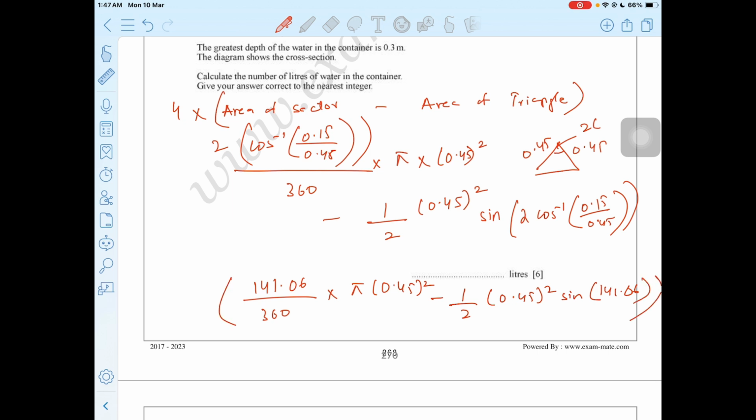This is eventually multiplied by 4. So we get our answer as, what would be our answer? Our answer would be 742, right? So this will be our answer eventually.